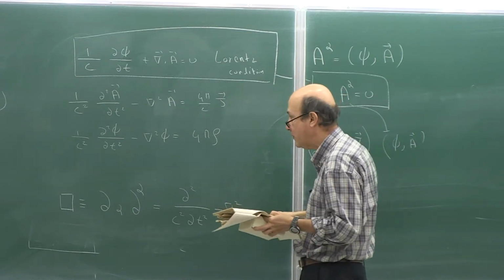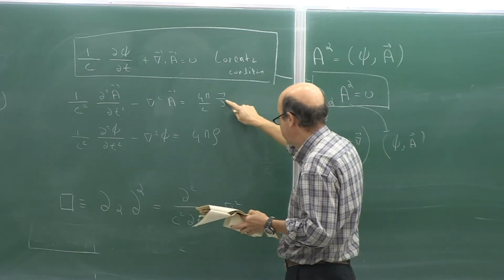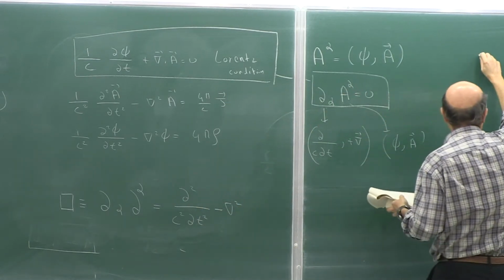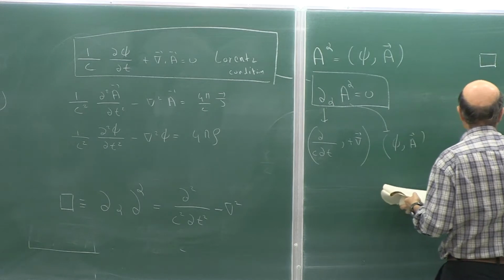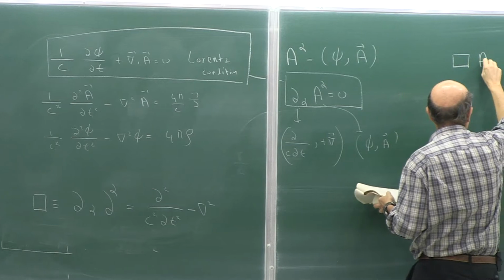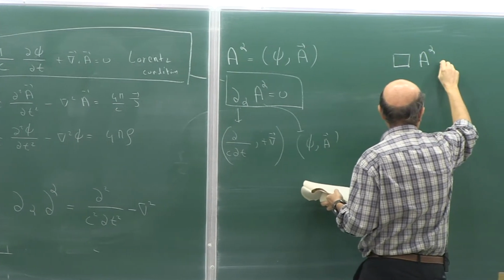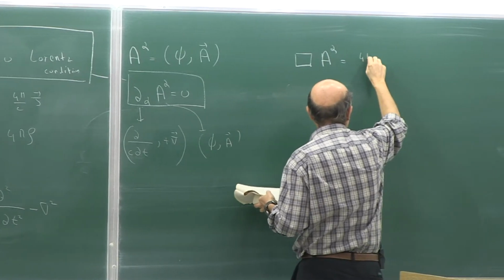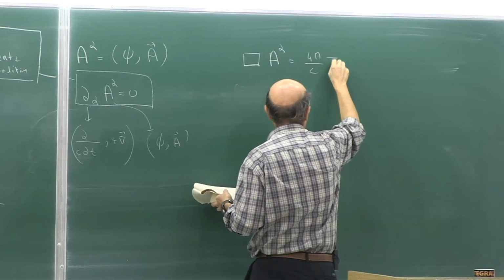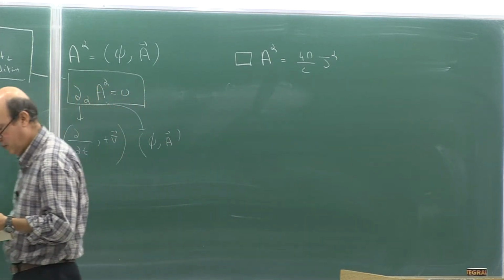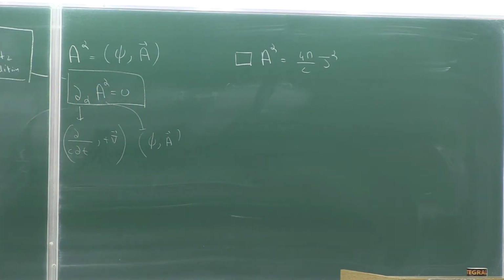How many inhomogeneous wave equations? You have 3 here, 1 there. So you can write in that form: the 4-dimensional Laplacian operator acting on the 4-vector potential should be equal to 4 pi over c times j alpha. So these are the non-homogeneous wave equations for the Lorentz condition.